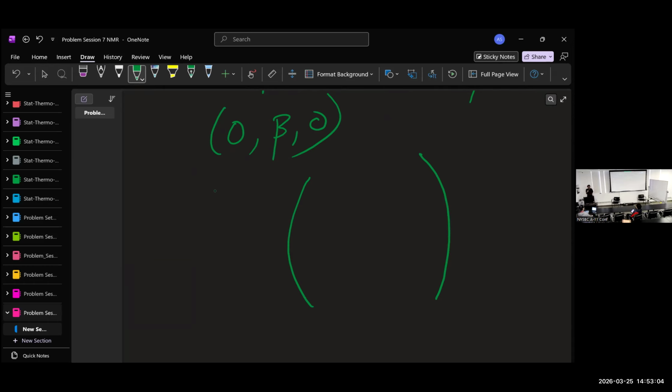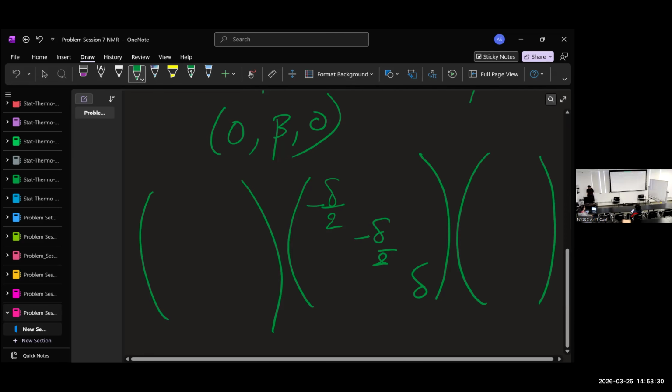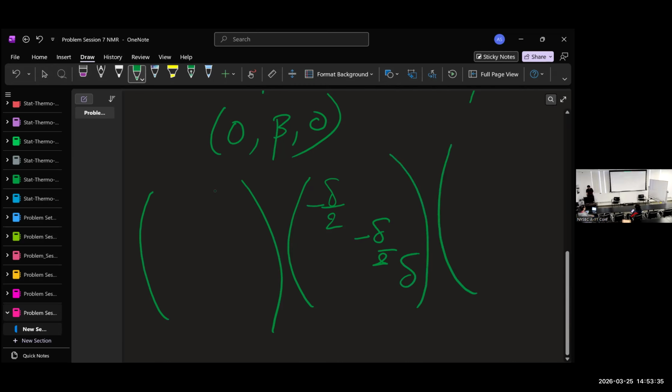So the CSA is given by delta. What does it look like in its PAS in Cartesian form? Well, let me assume uniaxial to start with, and I get this. If I only have one rotation around y through an angle beta, how do I represent the rotation matrix?